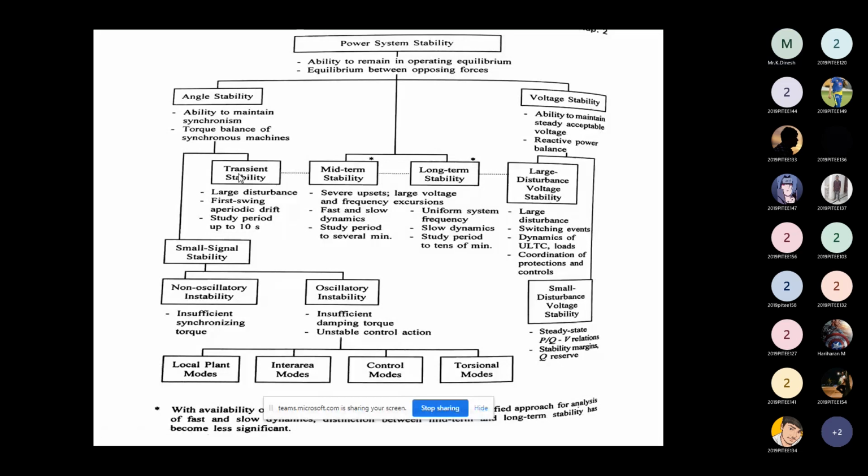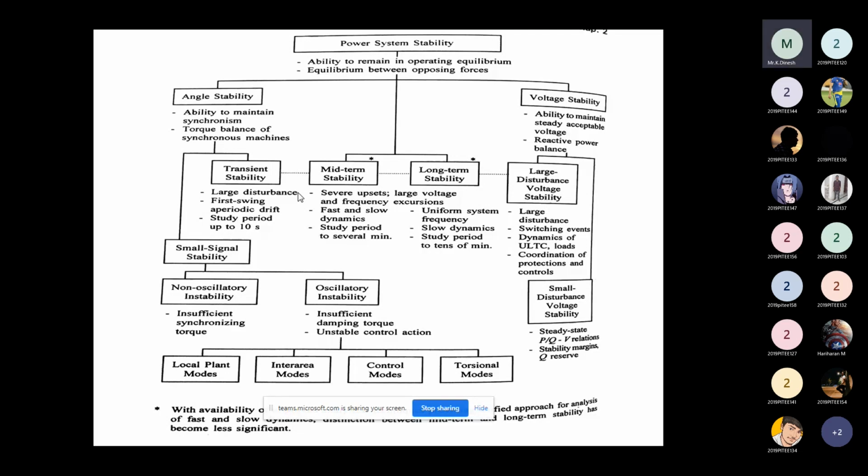So what stability means? It is a large disturbance. In the third unit starting, I may show an oscillogram. So we have 3 periods of our disturbances. One is your subtransient, second one is transient, and third one is the normal. So from your subtransient to transient state, we have few cycles.